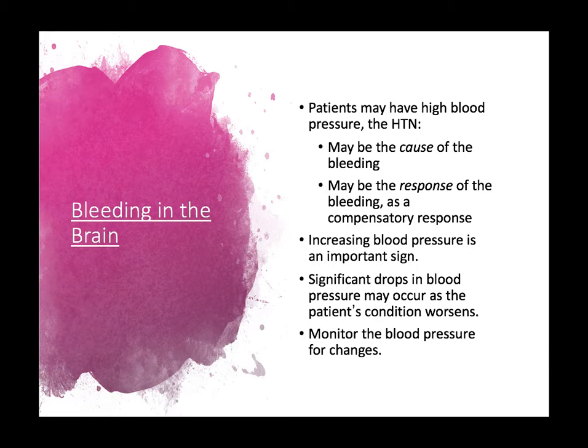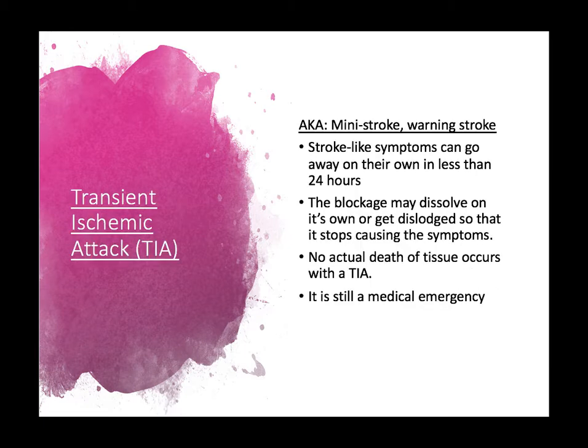So a trend of increasing blood pressure is an important sign, as the body must increase the blood pressure to get blood to the brain's tissues. Significant drops in blood pressure might occur as the patient's condition worsens. So definitely get those baseline vital signs and compare your blood pressures that you're obtaining off your patient.